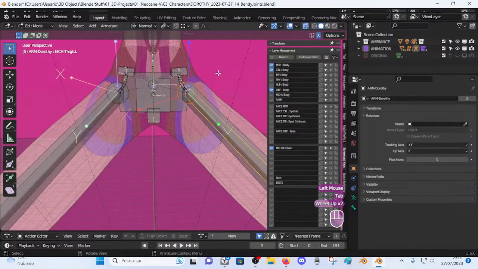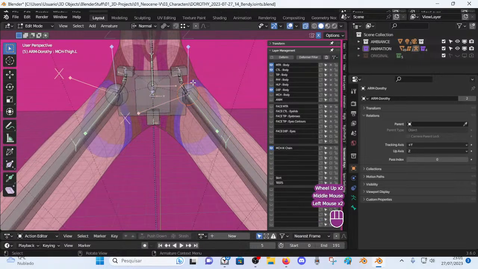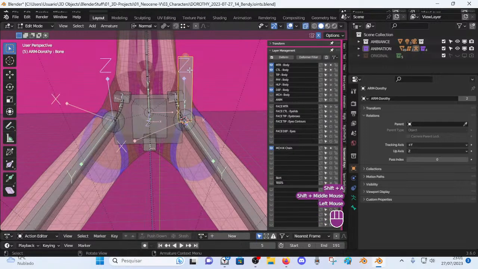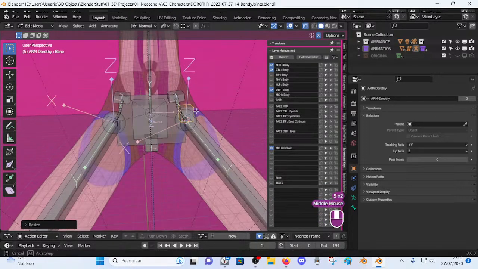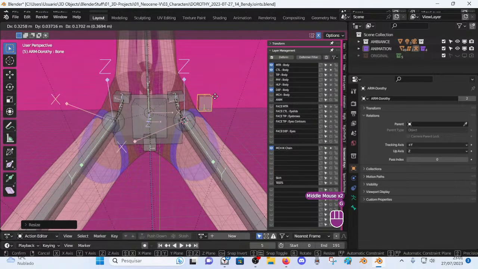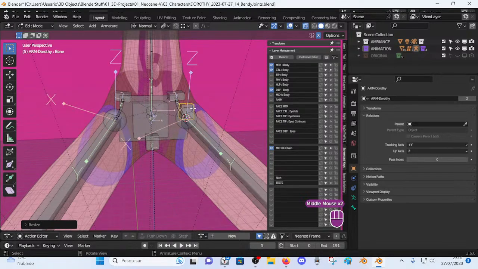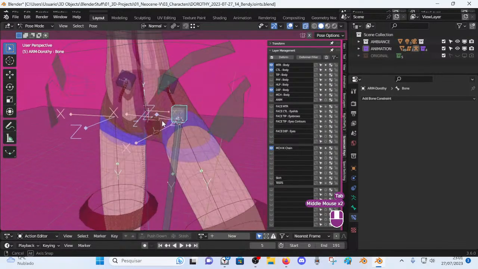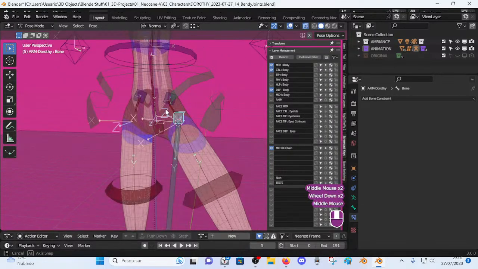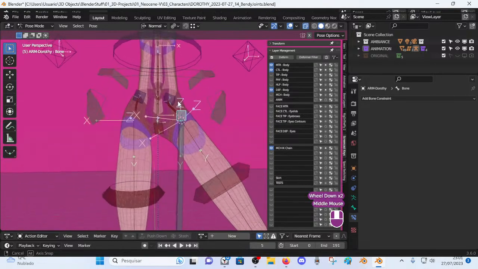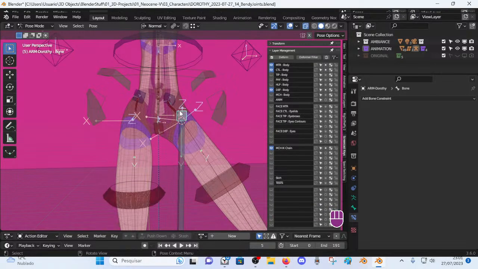Maybe that's the best thing we can do in this case. Maybe if it stops making the bug, that would be a good idea. So of course I need to have this bone, yeah, I cannot parent it.